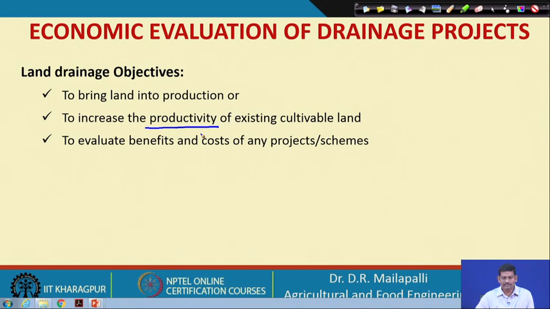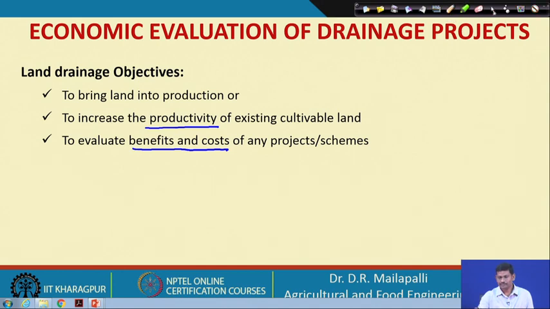Productivity means the yield divided by the amount of water we are giving to the plant. The third is to evaluate the benefits and costs of any project scheme, here the drainage project. So these three objectives we look into in drainage projects.